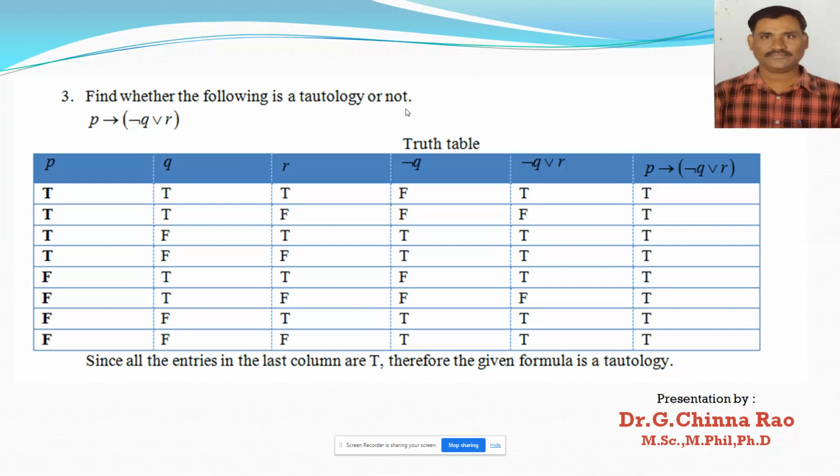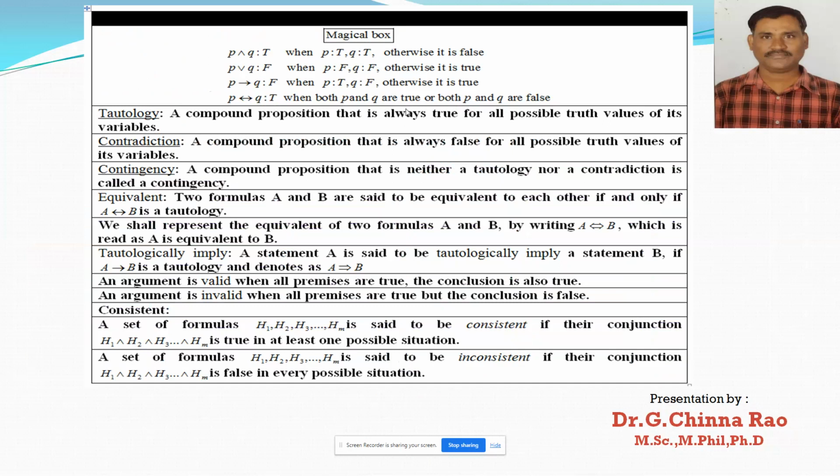According to the definition, a tautology is a compound proposition that is always true for all possible truth values of its variables. That means you have to form a truth table and then check its truth values.